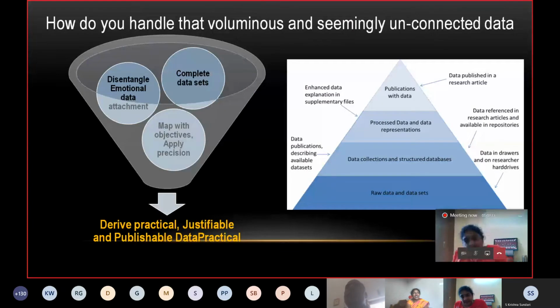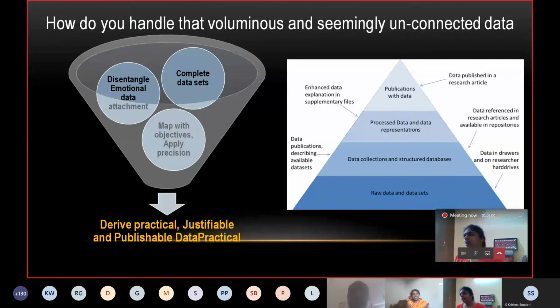Now we come to the data. The data is your own data, that means the data that you have obtained from your experiments. It is very important for a researcher to not be emotional when making the decision of what to include in a research paper and what not to include.